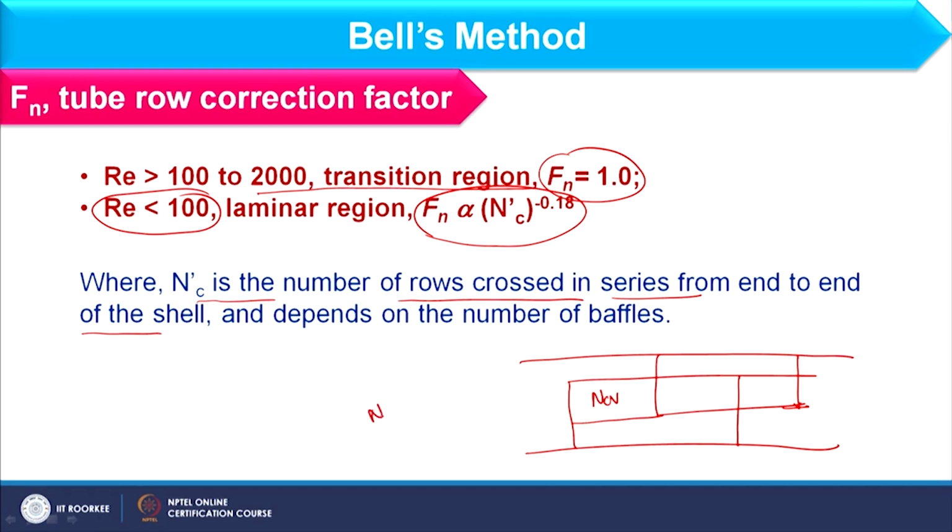So, NC dash will be NCV into the number of these gaps. So, that will be number of baffles plus 1. So, in that way we can find out NC dash, and you can find out Fn for the laminar zone.